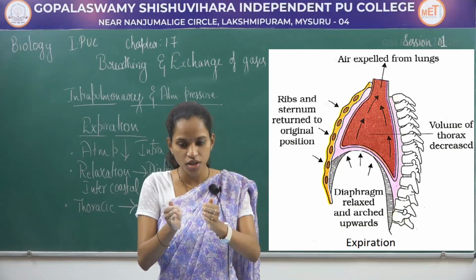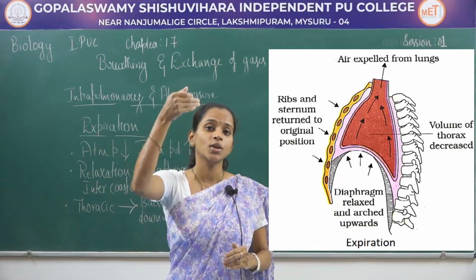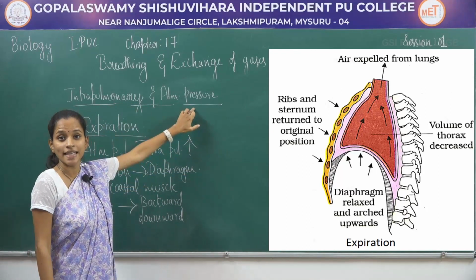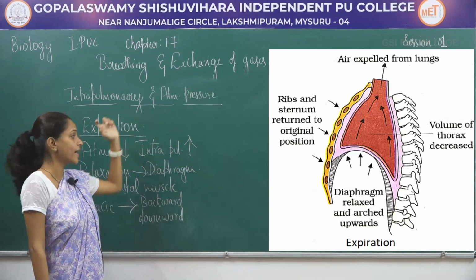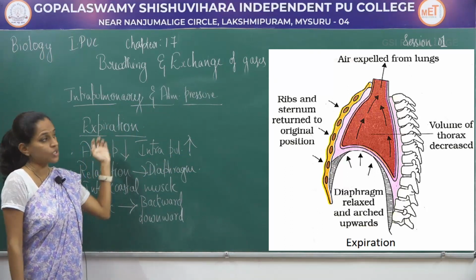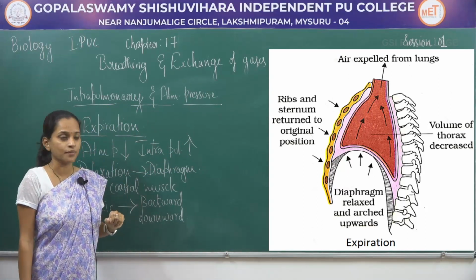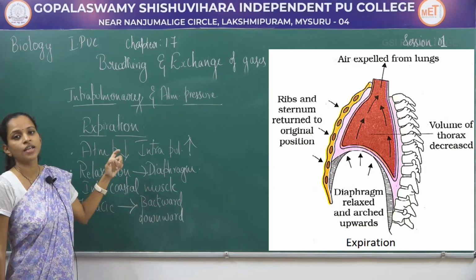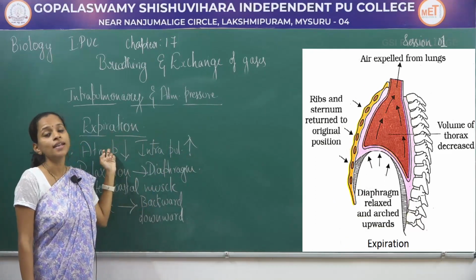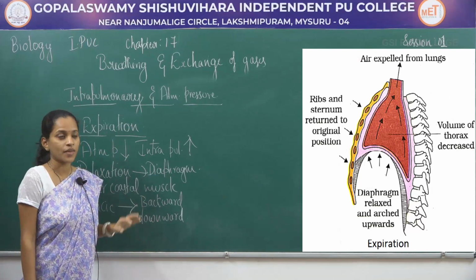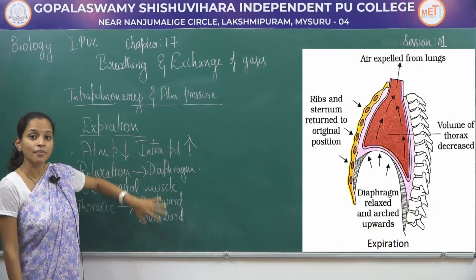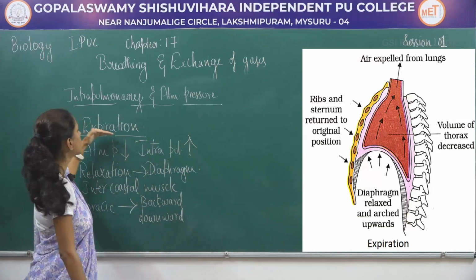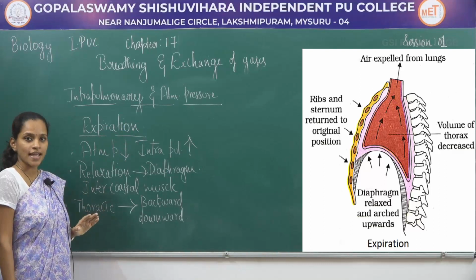When there is a reduction in the volume, the pressure will start to increase. So intrapulmonary pressure will now increase, which will be more than the atmospheric pressure, as you can see in the diagram here. So the air from the lungs is pushed out into the atmosphere. This is how the process of expiration takes place.